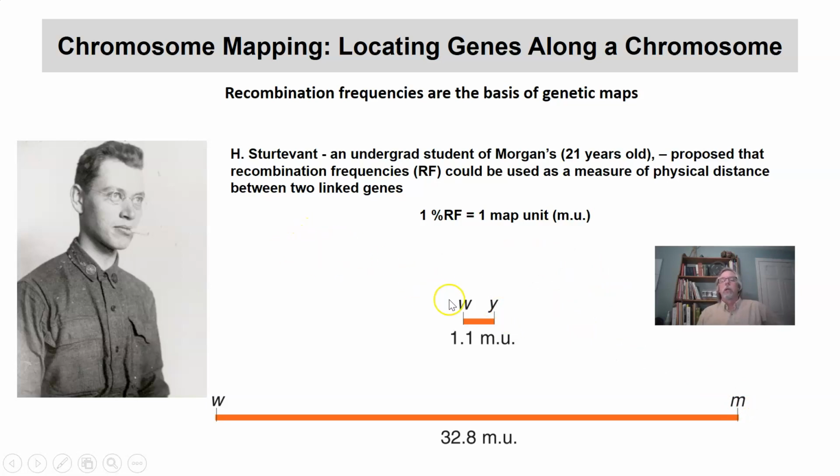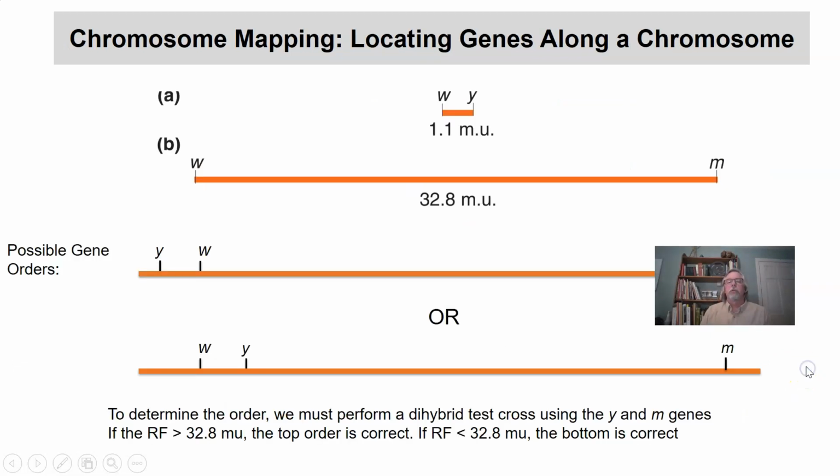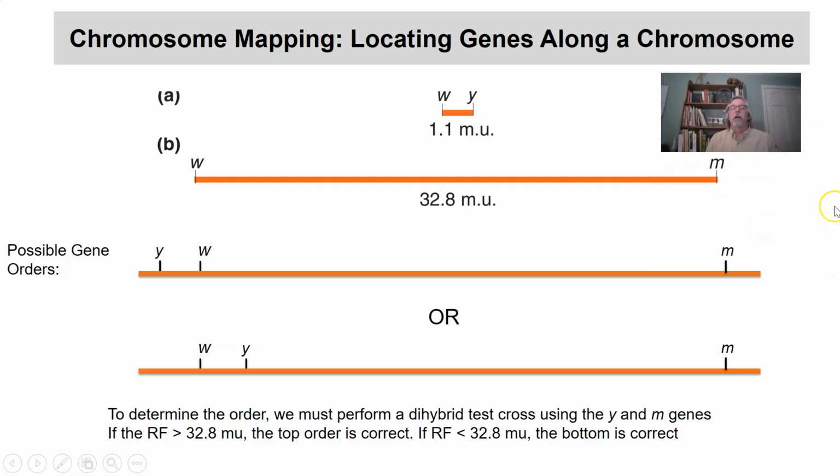Now, if they are linked, what is the order of the genes? The next slide is showing a couple of possible orders. This is the same information from the previous slide, and we can hypothesize two possible orders.